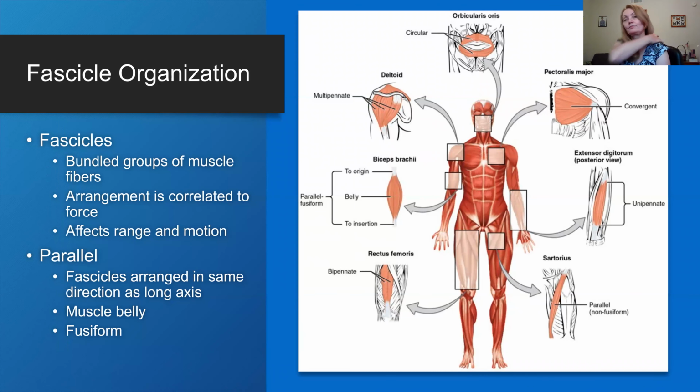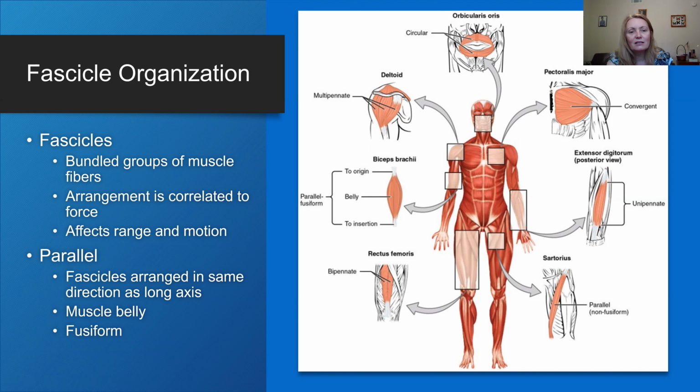But for example, if you rotate your neck or elevate your scapula, you want a wider range of motion. So how to achieve this ability to move your bones in different directions, this is what the organization of fascicles helps you to do. So let's look at how the organization of fascicles is related to the pattern of movement and contraction.